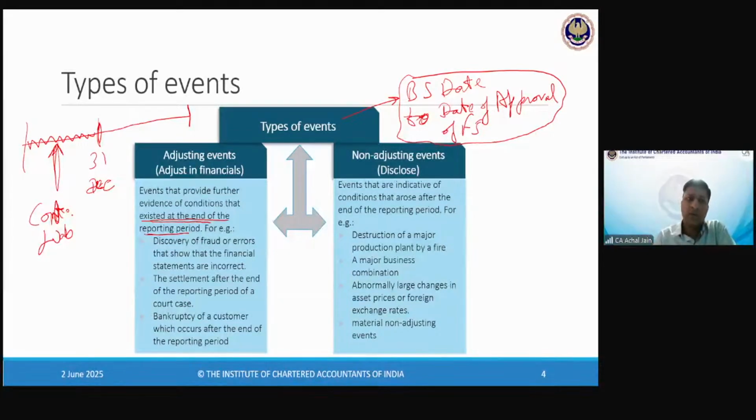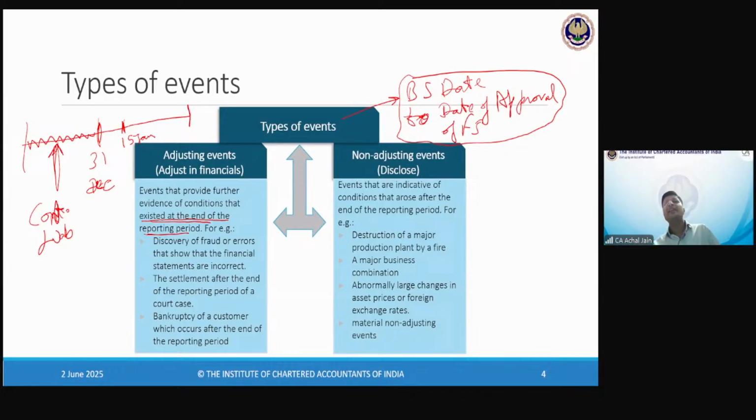The answer is yes. Now let's suppose after 31st December, say on 15th of January, the outcome of this case has been given. This case has been decided, the company lost the case.